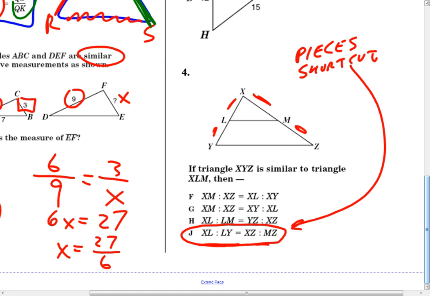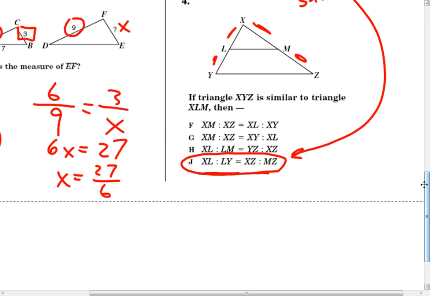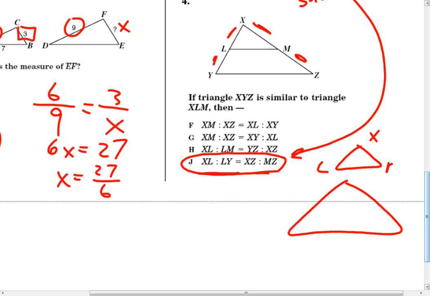And if I separated the two like I did the other number 1, if I separated the two triangles and had XLM and XYZ, there aren't any other ratios in here that match up with those corresponding sides. Let's see, XM, XZ.